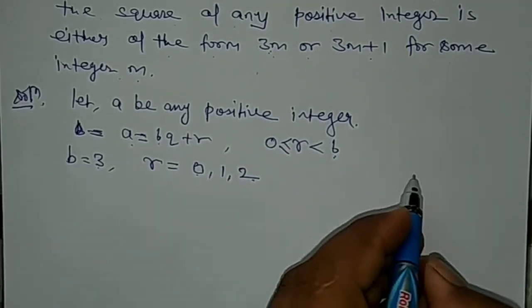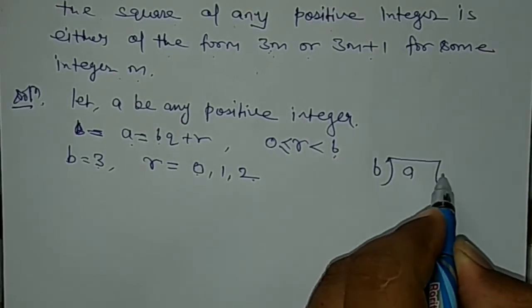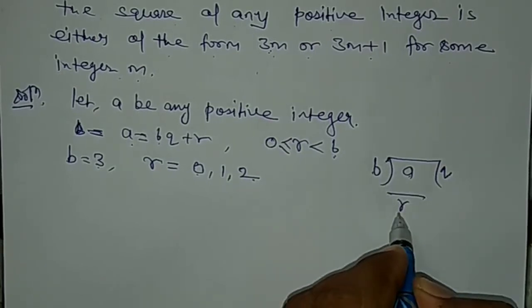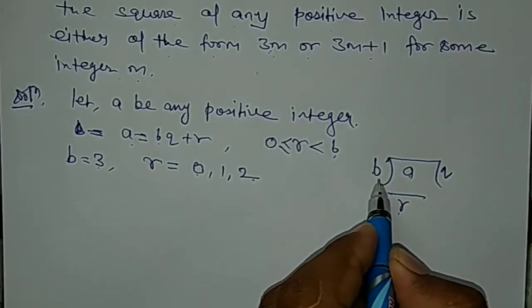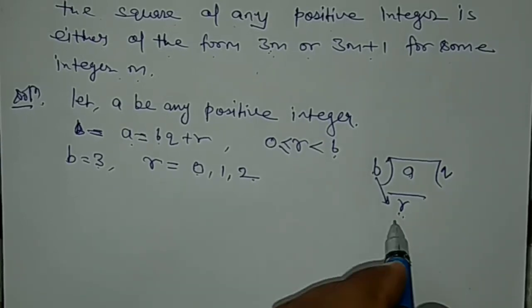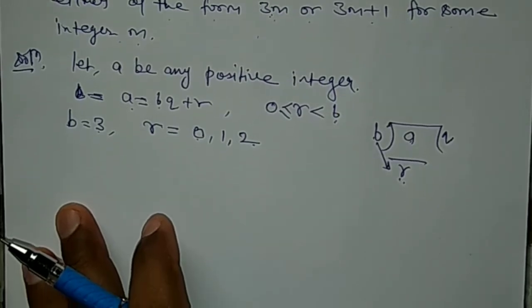We can also write a equals b into q plus remainder r, and the remainder is always less than b, that's why there is a relationship over here.